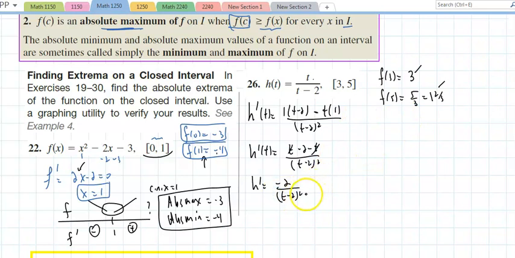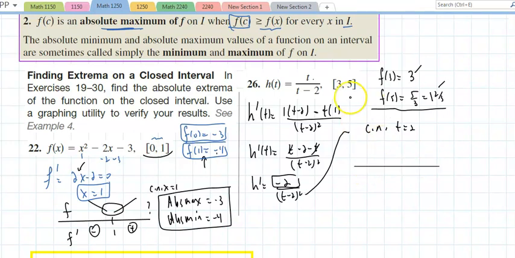And from this, there is a critical number of t equals 2, because that's where the derivative does not exist, and it can never equal 0. So I only have one critical number, and it happens to be at 2, which is inside of the interval, which is allowed.